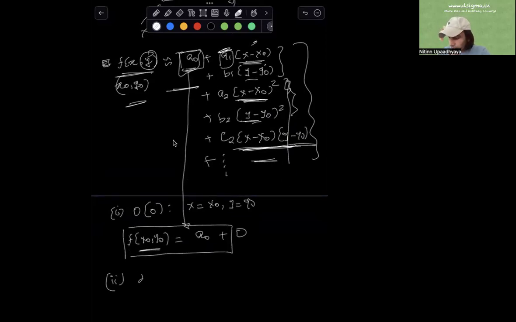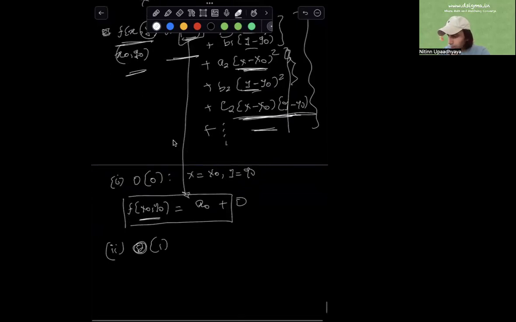So if I differentiate the left-hand side, I'm going to write this as order 1, but we'll have more than one term for order 1. So let's say order 1, and we're going to evaluate the partial derivative of f with respect to x. Notice that this is a function of x comma y, but we're going to take the derivative and evaluate this at x equals x naught, comma y equals y naught.